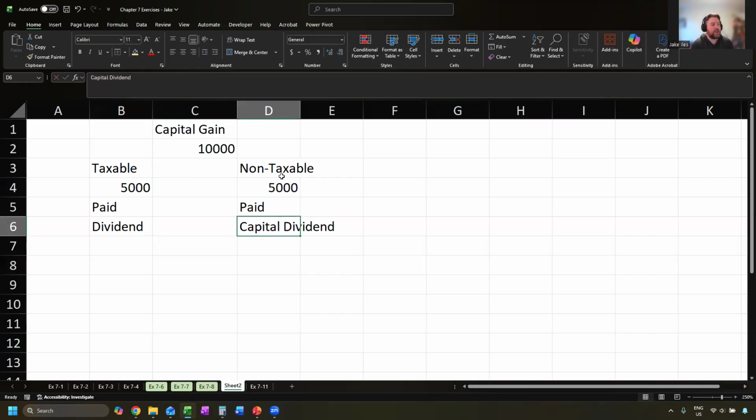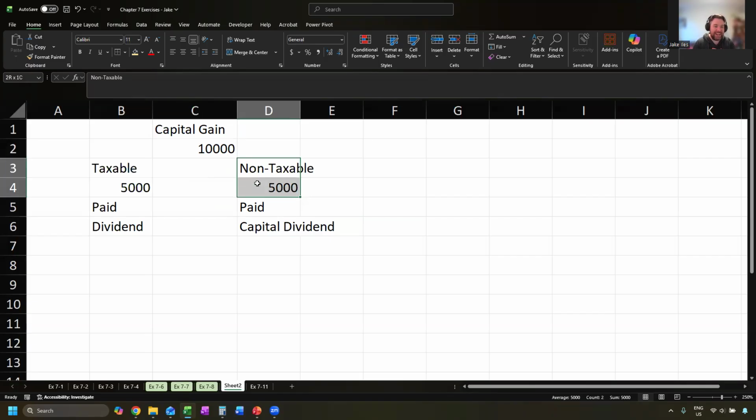The non-taxable portion of that capital gain stays non-taxable when it gets to the shareholder. Because remember, integration is the individual should be taxed the same whether they earned it personally or earned it through a corporation. So if I got a capital gain personally, half of that capital gain would not be taxed.